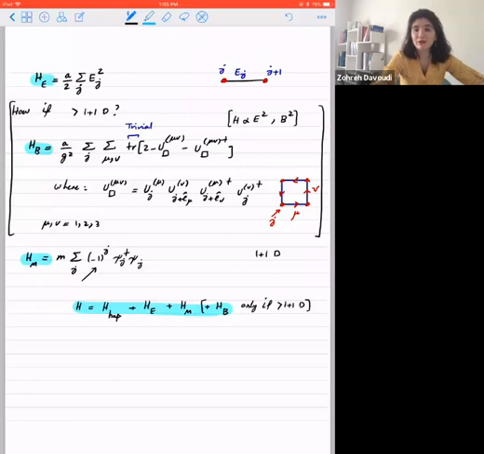I just want to emphasize now that it turned out that this form is kind of a general form even for non-abelian theories.